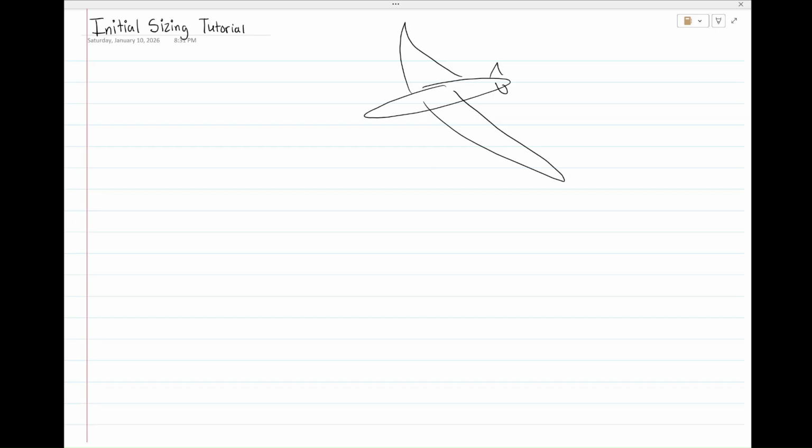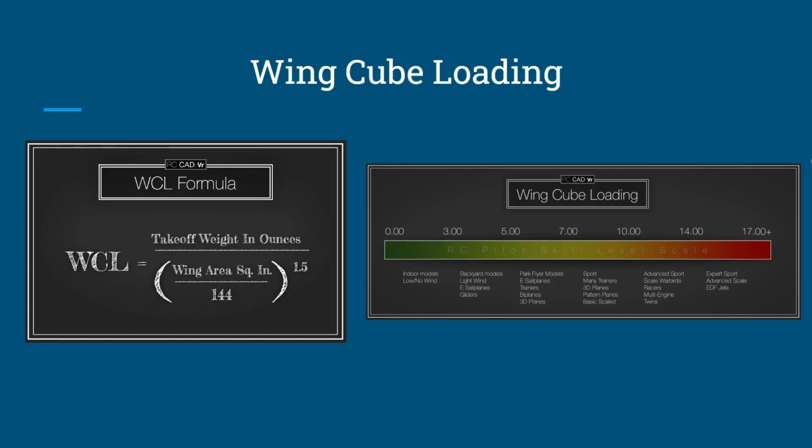So what wing cube loading should I choose? I'm going to go with a wing cube loading of 10. Not too high, not too low either. Let's see what they recommend. They say sailplanes. What do we have? Many trainers. 3D planes.